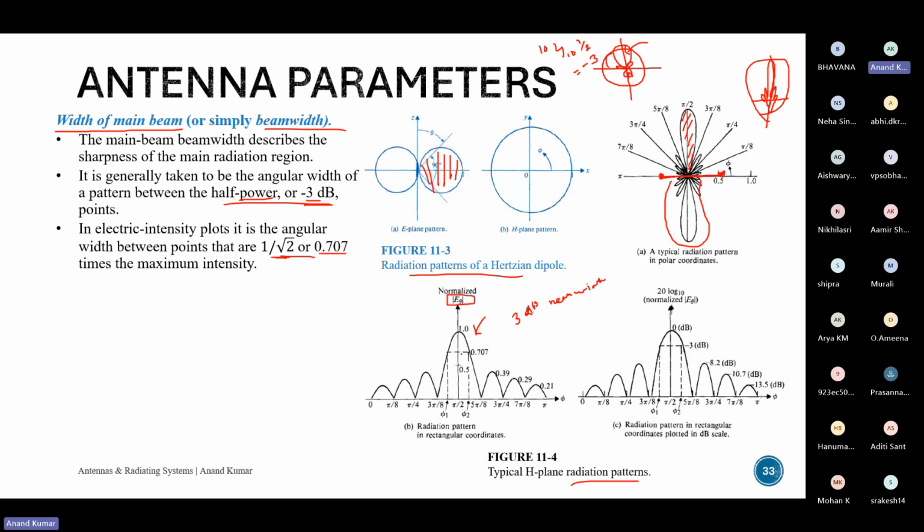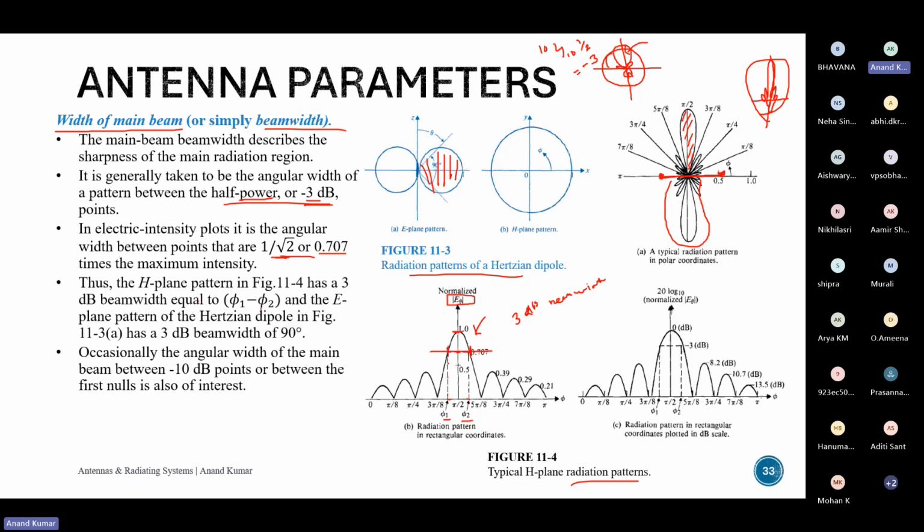Since this is normalized, the maximum is at 1, and you will get 0.707 over here, which is 1 by root 2. If you draw this line over here, wherever the line intersects the plot, just take these points and drop them down to the axis, and you get phi1 and phi2 values. The difference of these phi1 and phi2 values is your 3 dB beam width.